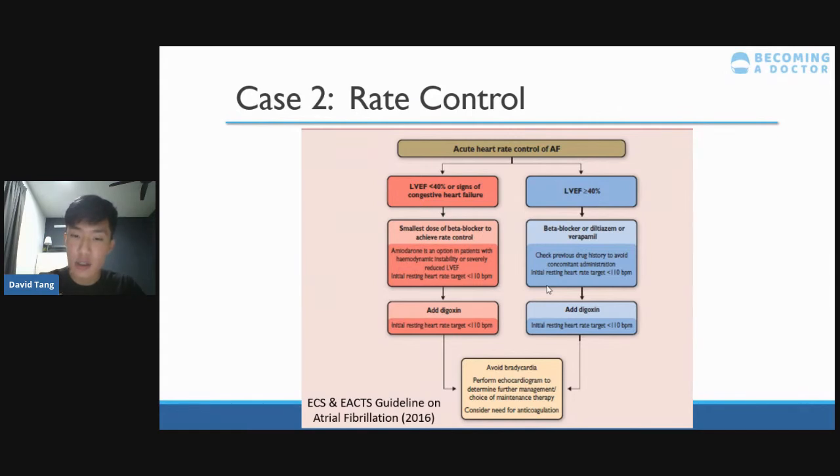Beta blockers are contraindicated, or relatively contraindicated, in asthma. Non-dihydropyridine calcium channel blockers are contraindicated in heart failure, and digoxin is contraindicated in chronic renal failure. So this decision tree helps you decide based on each side effect profile and also the patient's comorbidity, and allows you to come to a decision of which rate control agent is the most suitable.